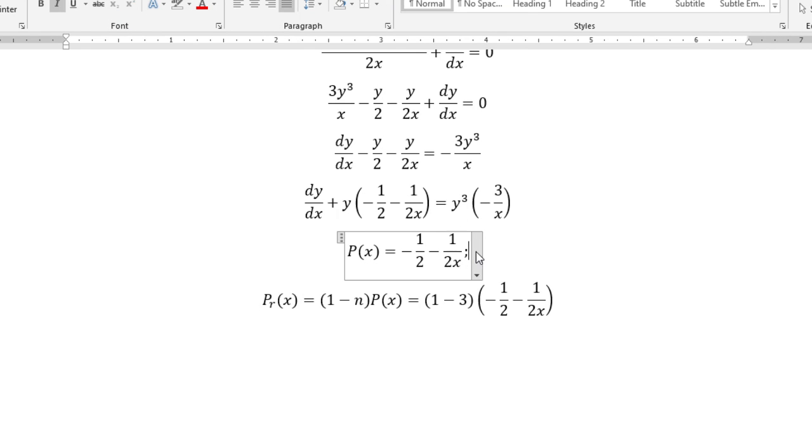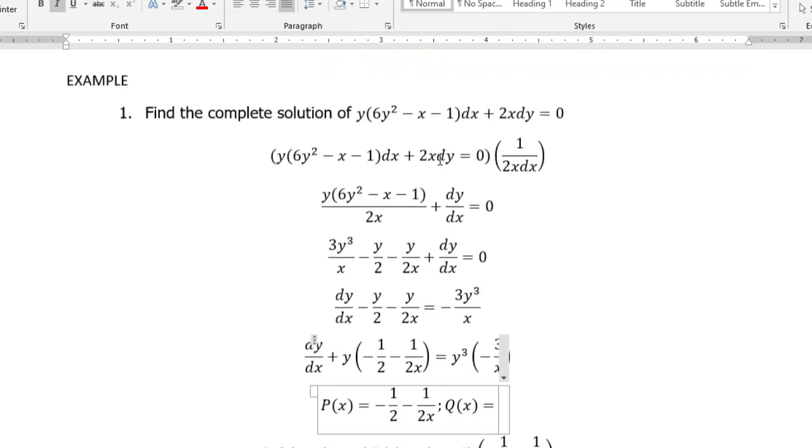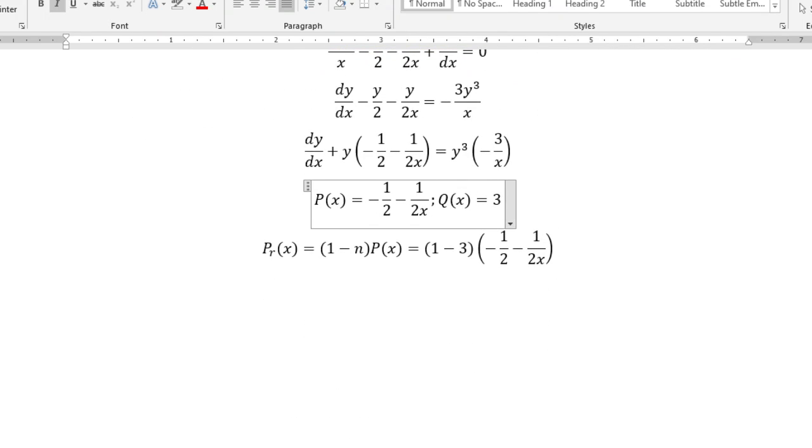Nakalimutan ko pala yung sulat. Dapat determine na rin natin si q of x, which is equal to, di ba nga, y raised to n, q of x, 3 over x. Mula dito sa equation.